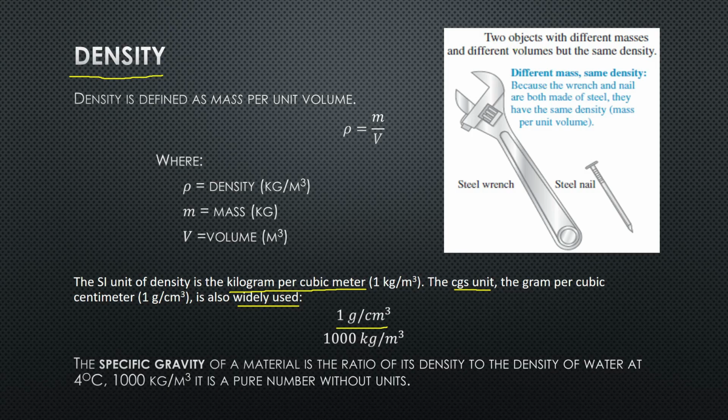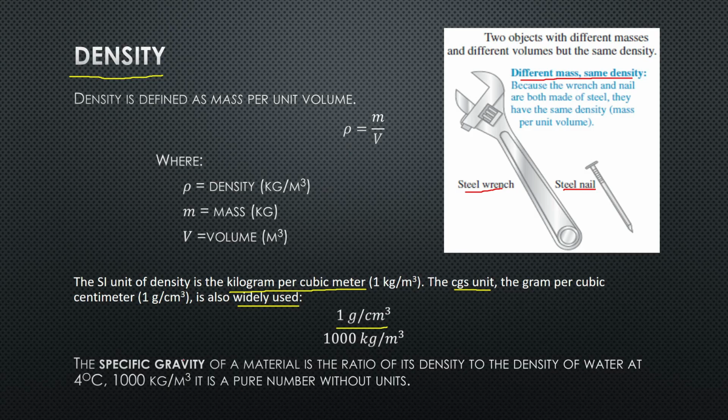For these two objects, a steel wrench and a steel nail, they differ in mass but they have the same density, because the wrench and the nail are both made of steel and have the same mass per unit volume.